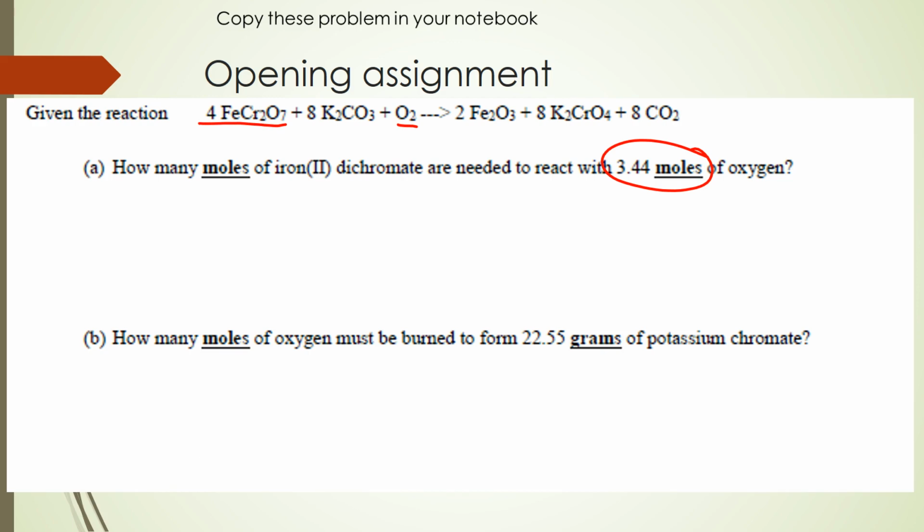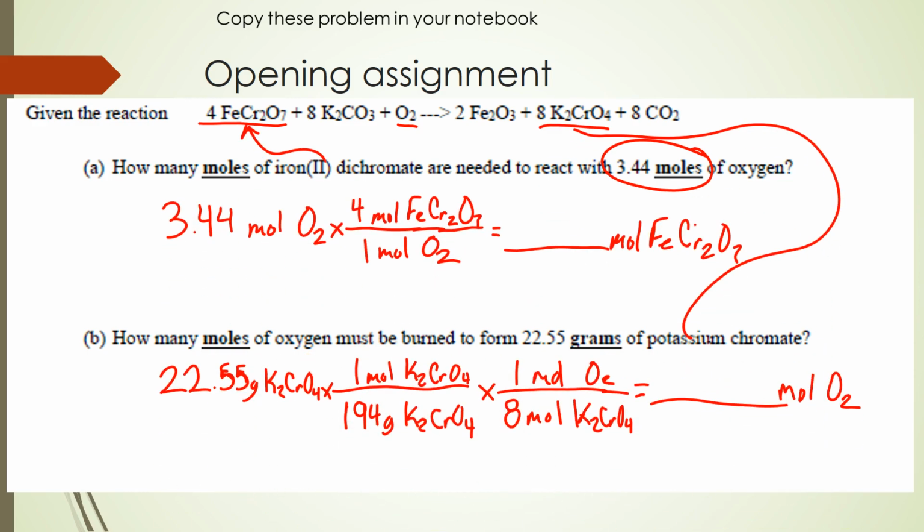All right. So we need to go from moles to moles. So I set that up. I'm going to start off with my 3.44 moles of O2. And then there's 4 moles of iron dichromate for every 1 mole of oxygen.